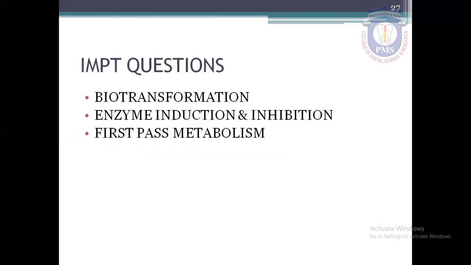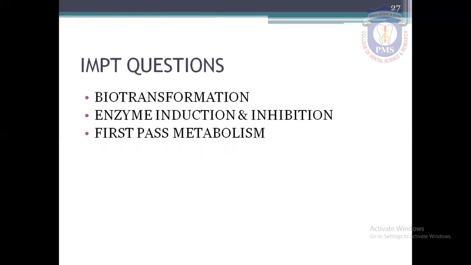The important questions from these topics are biotransformation, definition, phase 1 and phase 2 reactions, then enzyme induction and inhibition, and clinical significance of enzyme induction. As a result of enzyme induction, there is therapeutic failure, and enzyme inhibition causes toxicity of the co-administered drug.